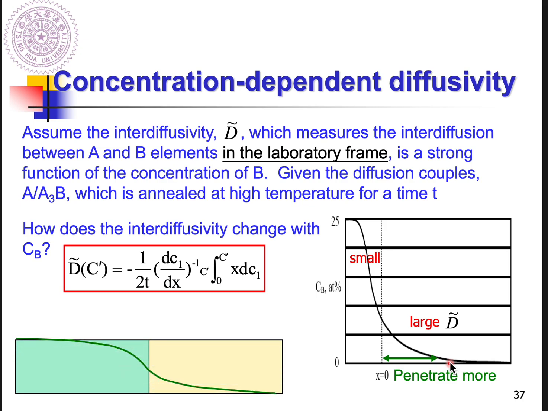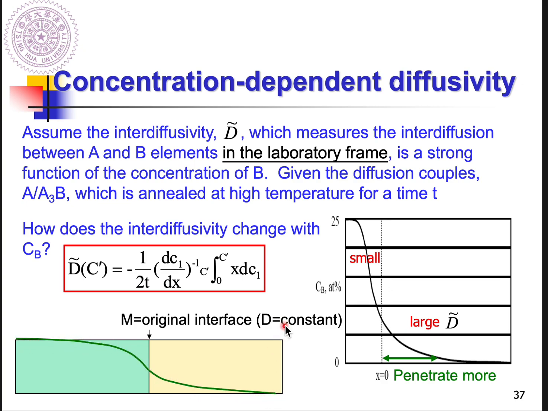Okay, so let me try to draw some pictures to explain the difference between when the diffusivity equals a constant and when the diffusivity is concentration dependent. So now we also have an AB diffusion couple. If D equals a constant, so this is A and B, for example, and you have the original interface, and after time t, you can measure the concentration profile in green.